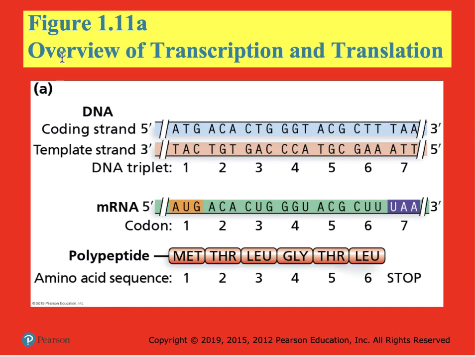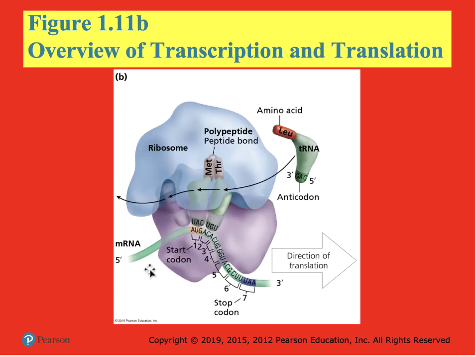So here we have a slide that gives us an overview of transcription here between DNA and messenger RNA, and translation, a step that takes messenger RNA and then converts that to a polypeptide. You can see methionine is the very first amino acid to go in. So one of the things you'll learn is the details behind this step-by-step manufacturing process.